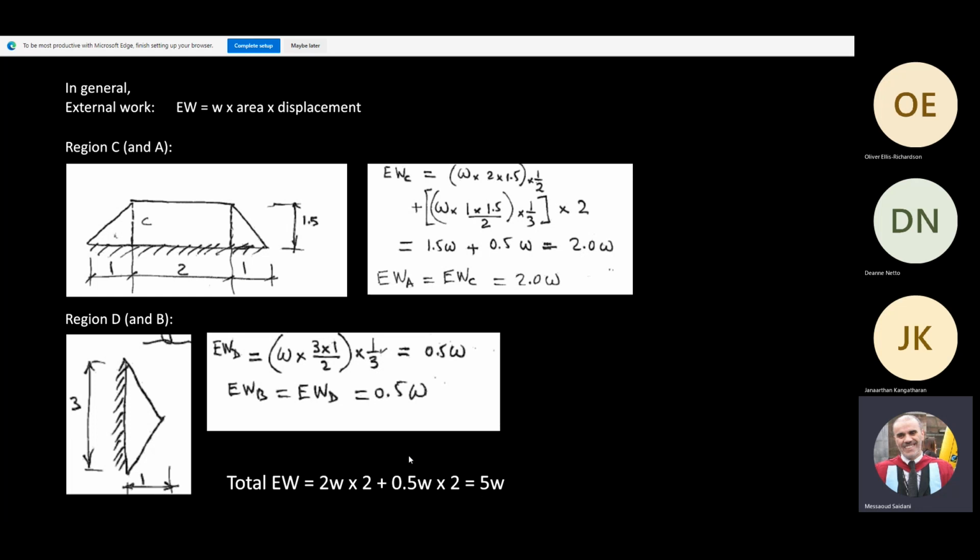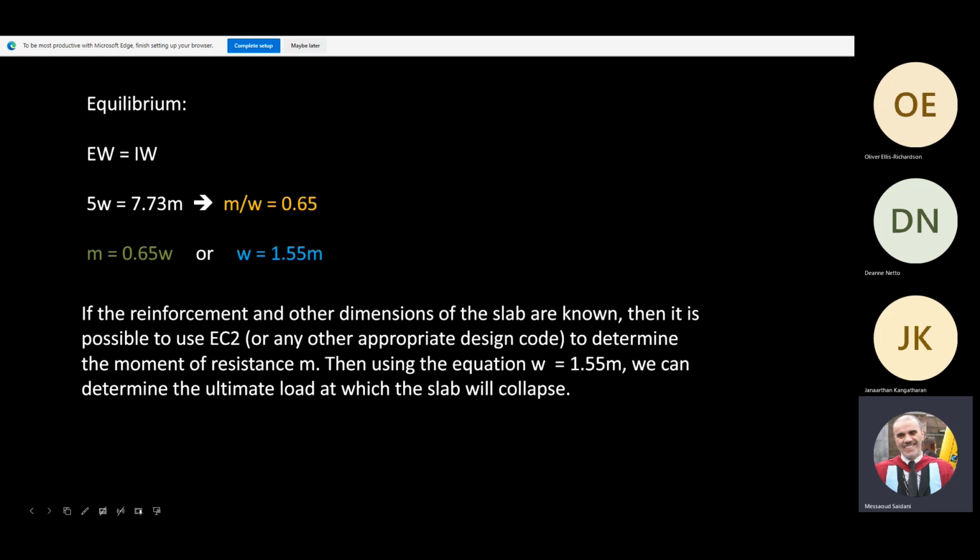So the total external work for this slab is 5 times the UDL W. Clear? Any questions on this, please? Okay. So what you do then, we equate the external work to the internal work. The external work is 5W.